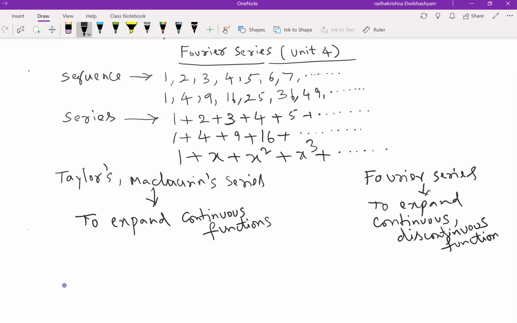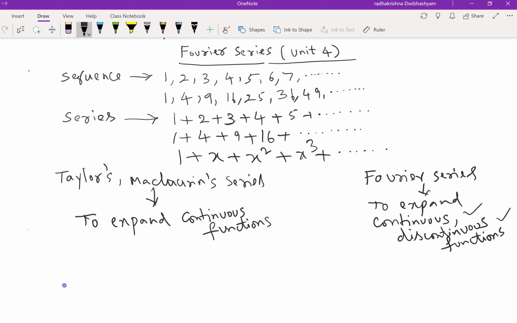This is the advantage of Fourier series when you compare these. Using Taylor's and Maclaurin series we can expand only continuous functions, but using Fourier series we can expand continuous as well as discontinuous functions.